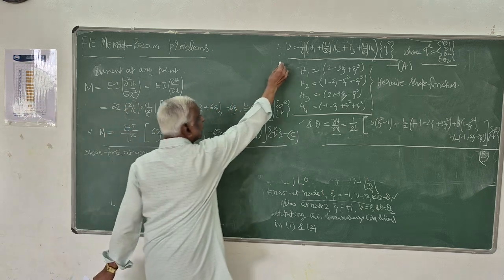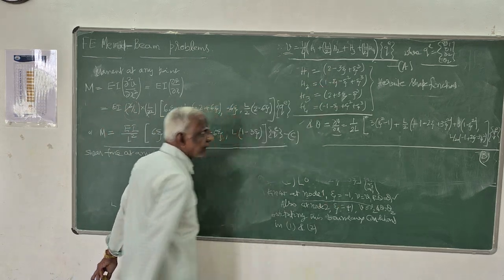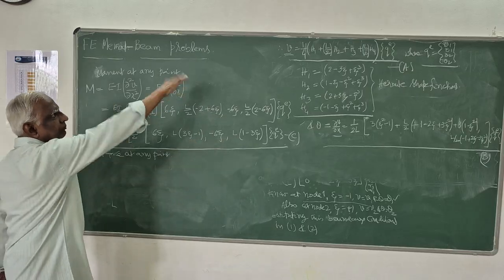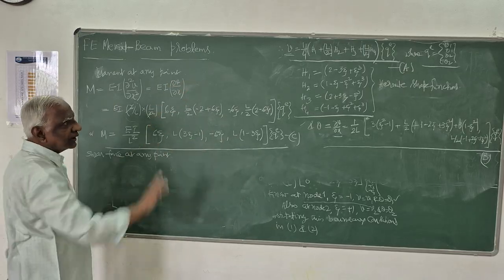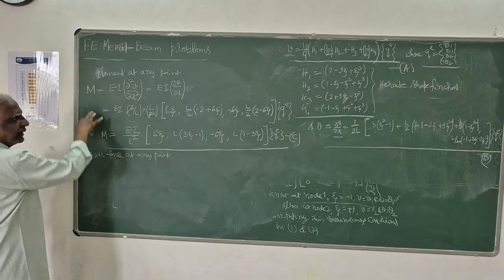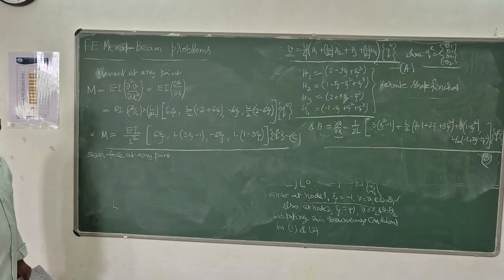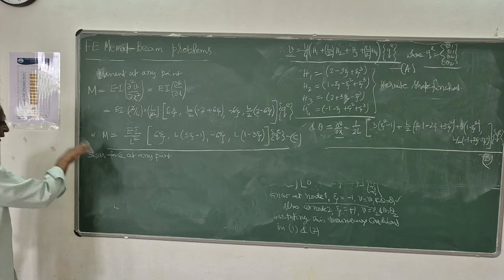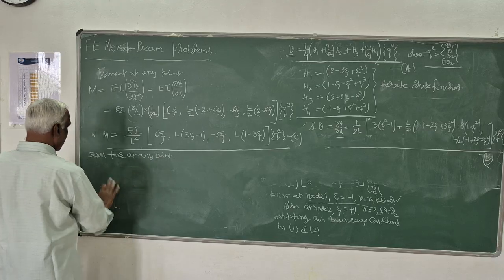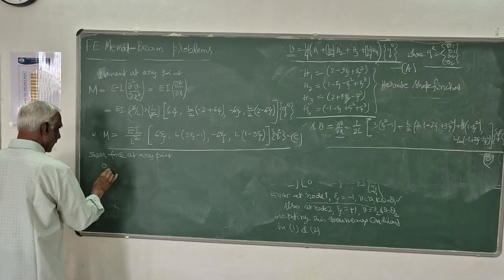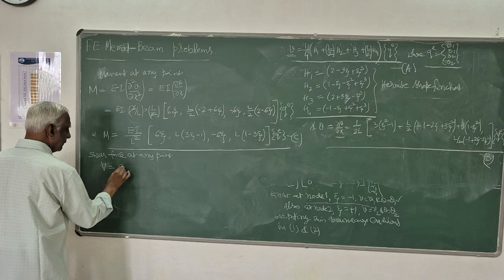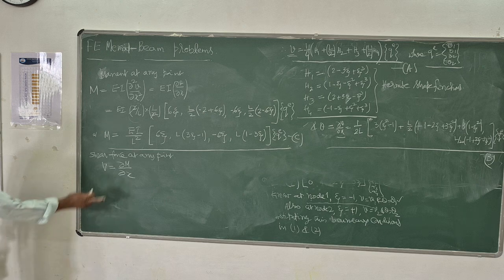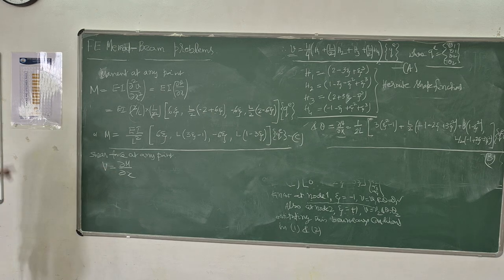This is the equation for deflection in terms of Hermite shape functions, the equation for slope, which is nothing but the first partial derivative of the deflection, and moment, which is nothing but the second partial derivative of deflection or the first partial derivative of slope, and then shear force at any point is given by del V, that is nothing but delta M by delta X. Again, we have to differentiate partially with respect to the global coordinate system.